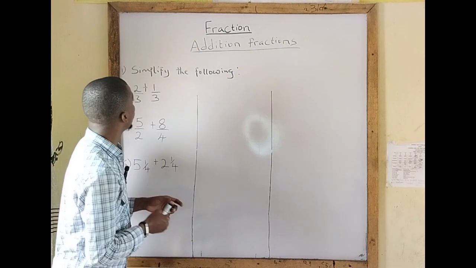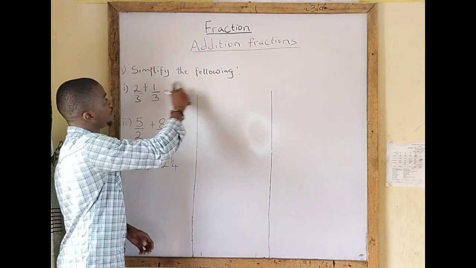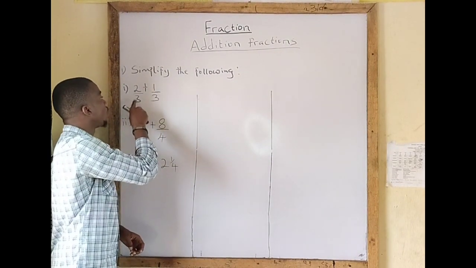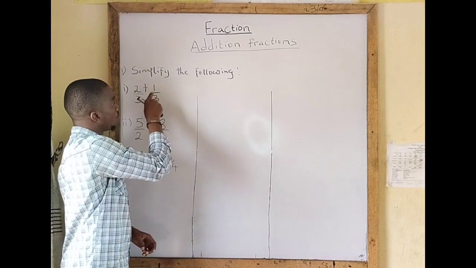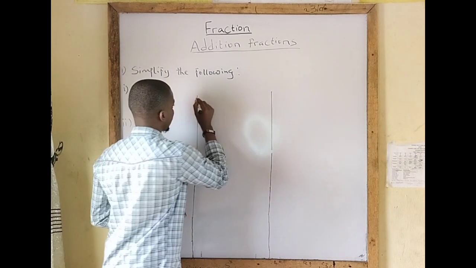We have a question here: simplify the following: 2 all over 3 plus 1 all over 3.